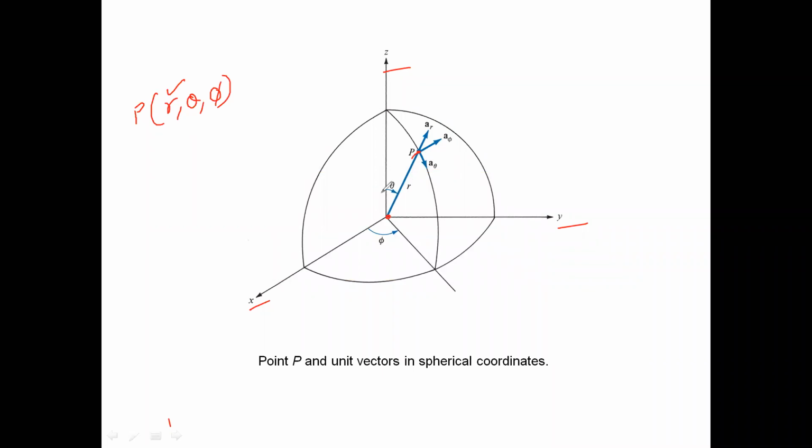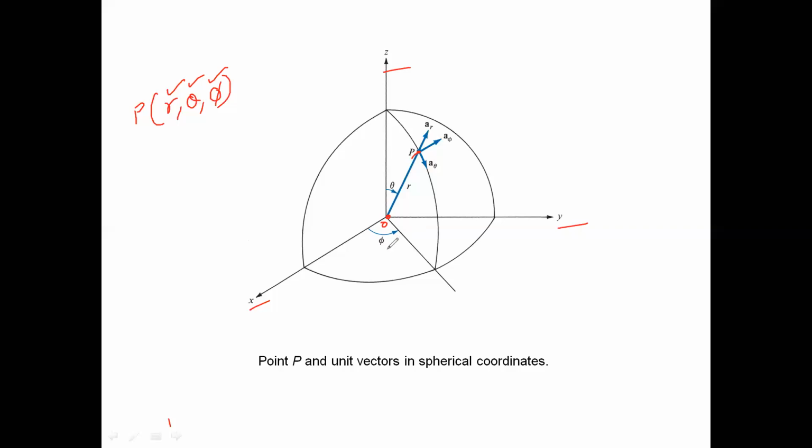Theta is the elevation angle which is taken in the vertical plane only, from the z-axis towards the line joining O to P. Then the last coordinate, phi, is the same as in the previous case of circular cylindrical. This is called the azimuthal angle, which is taken from x towards y, and it is taken only in the azimuthal plane, or a horizontal plane.